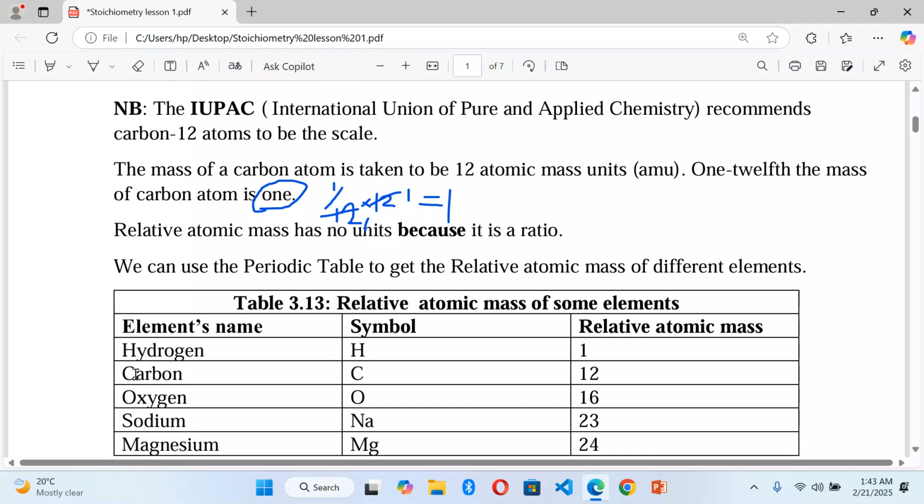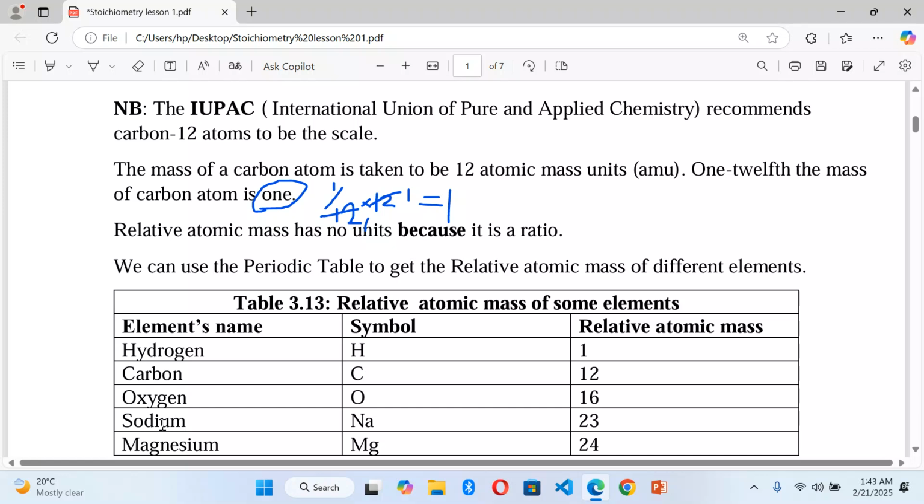So when you look at carbon, its mass is 12, which means even its relative atomic mass remains 12. Then for oxygen, when you check on the periodic table, you find that its atomic mass is 16. So 16 divided by 1, we still get 16. In this case, the difference is that this doesn't have any units.